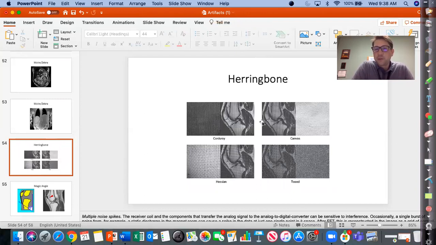So this is another way that they can appear. And these are those noise spikes caused by either the scanner, the patient, or the environment. Sometimes all you have to do is just repeat the scan and that will solve it, but sometimes you have to call the engineer. But if it looks like fabric, typically it's this herringbone artifact.